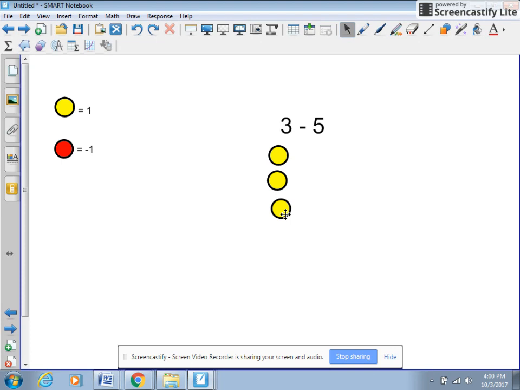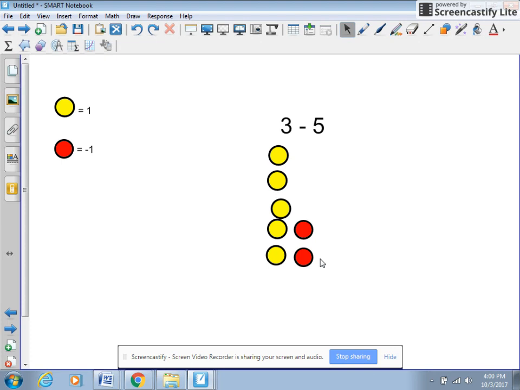Well, I can't just add 2, so I need to come up with a way to get 2 on there without changing the value. So I'm going to add in 0 pairs. I'm going to add 1 0 pair and 2 0 pairs. We know these are 0 pairs because they are opposite, so they are really equal to 0.